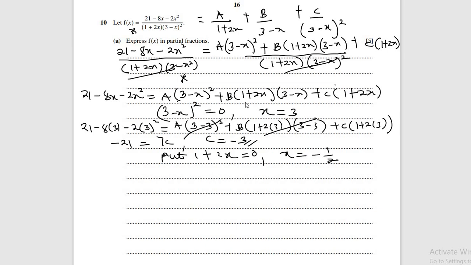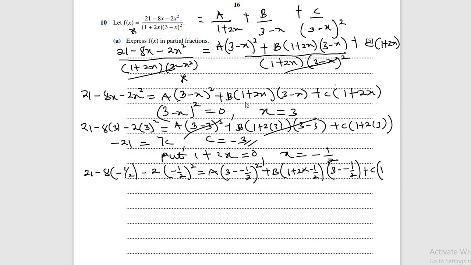Substitute back into the function we arrived at: 21 minus 8 times minus half minus 2 times minus half squared equal to A times 3 minus minus half all squared plus B times 1 plus 2 times minus half times 3 minus minus half plus C times 1 plus 2 times minus half.